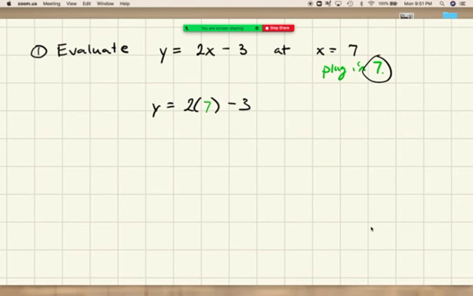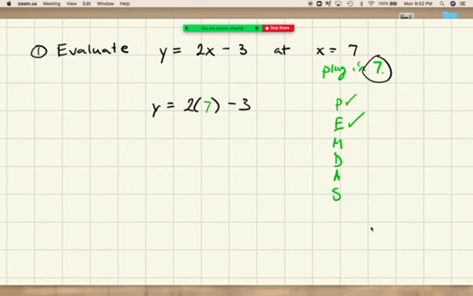So the order of operations is parentheses first, then exponents. We don't have any exponents. Multiplication, then division, then addition and subtraction. There's nothing to do inside the parentheses, and there are no exponents.